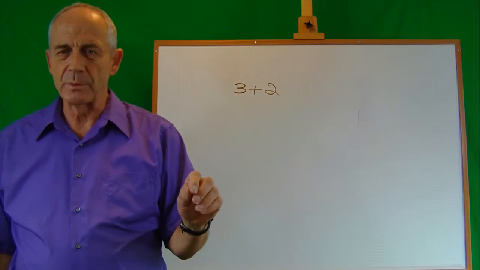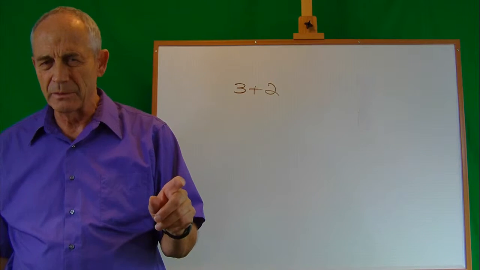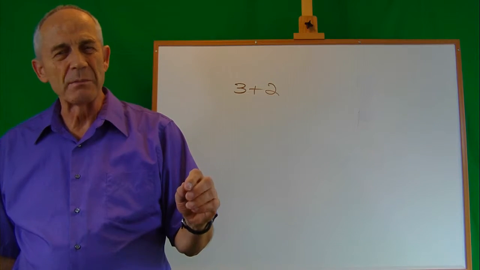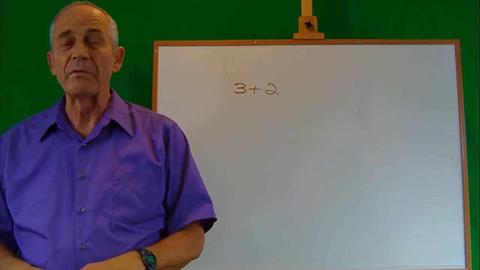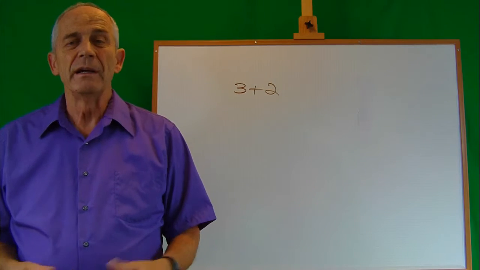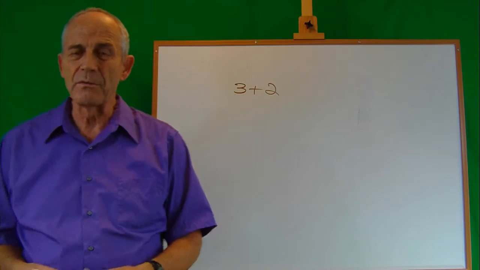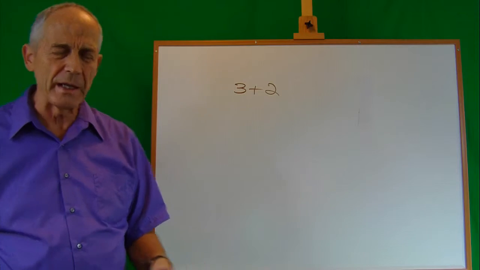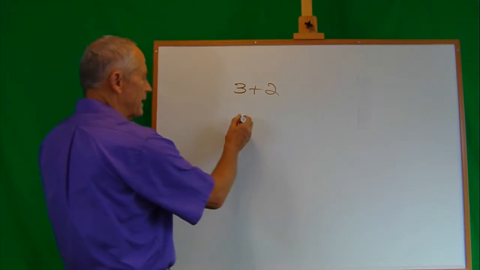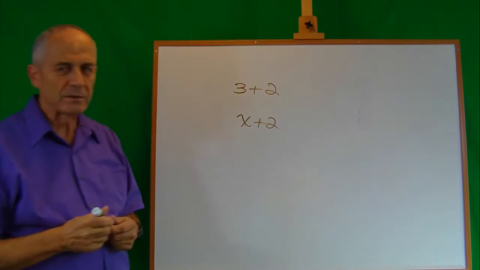Now, algebra is the study of the use of variables to represent numbers we don't know while we find out what they are. So basically, algebra involves using variables to represent numbers. An algebraic expression would be something like x plus 2.